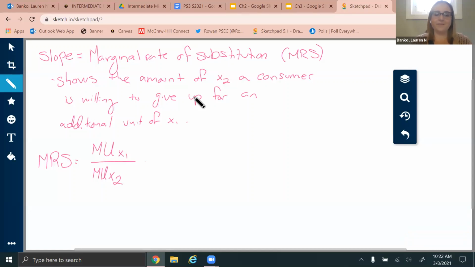And we just expanded it, made it more complicated because we didn't really define these before. But we're talking about derivatives, and what this looks like on top, this is the derivative of the utility function with respect to x1 over the derivative of the utility function with respect to x2. So we have two partial derivatives here.